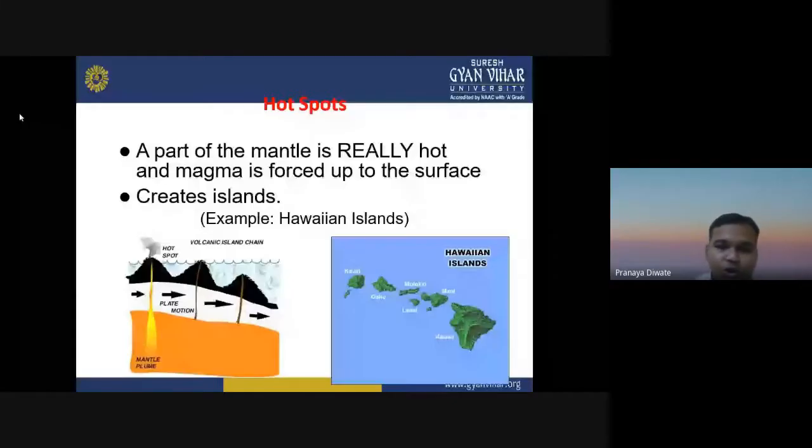We already studied hotspots in one of our previous lectures. It is important for geology: the entire Deccan Trap is made up of magma due to the hotspot.